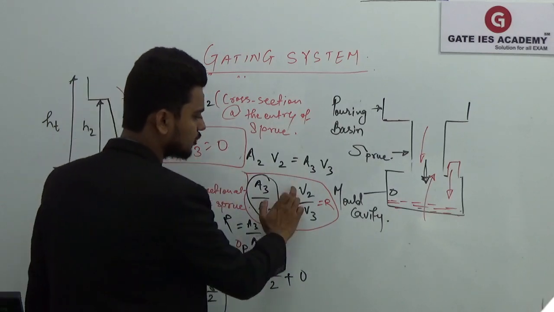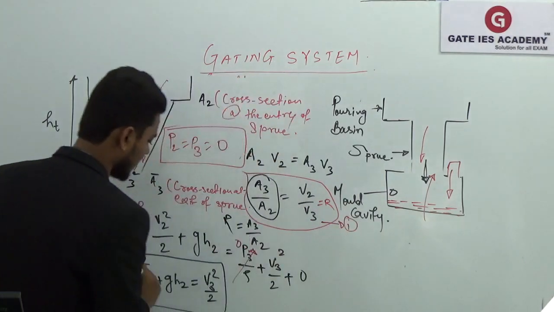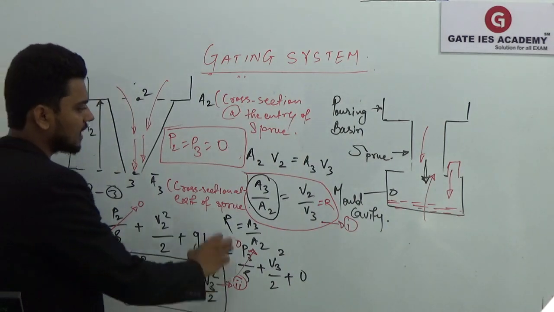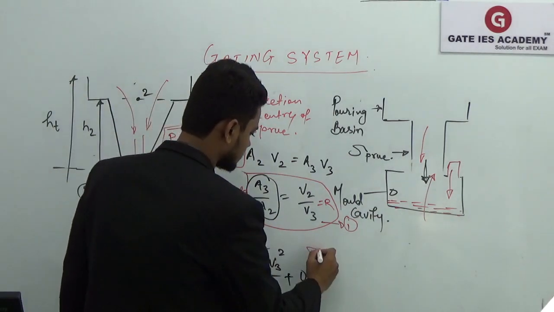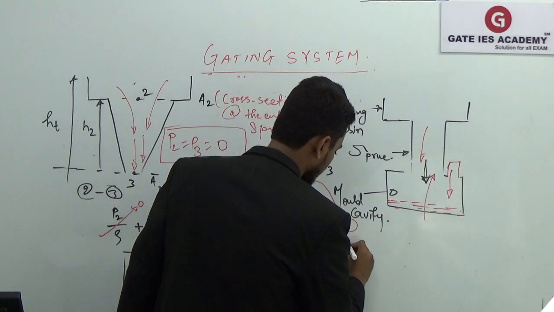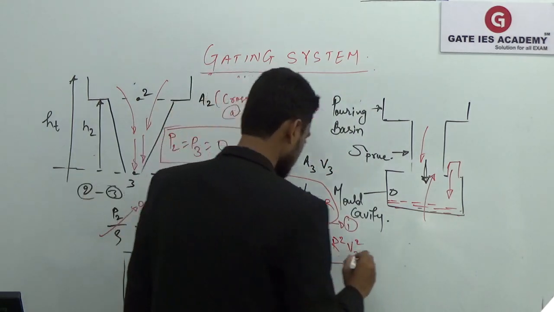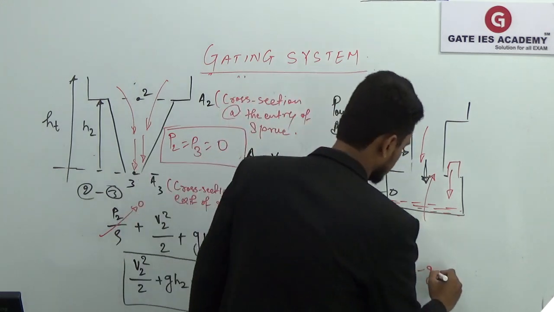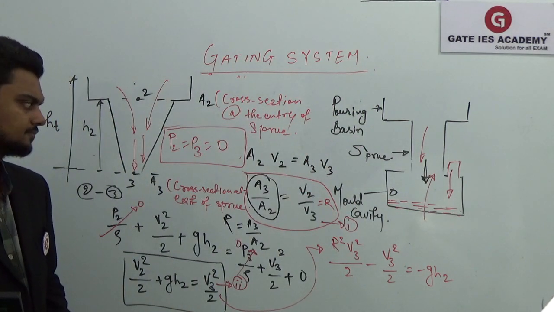Just put the value of V2 in terms of V3 and R. So I can write R square into V3 square upon 2 minus V3 square upon 2 equals minus GH2.